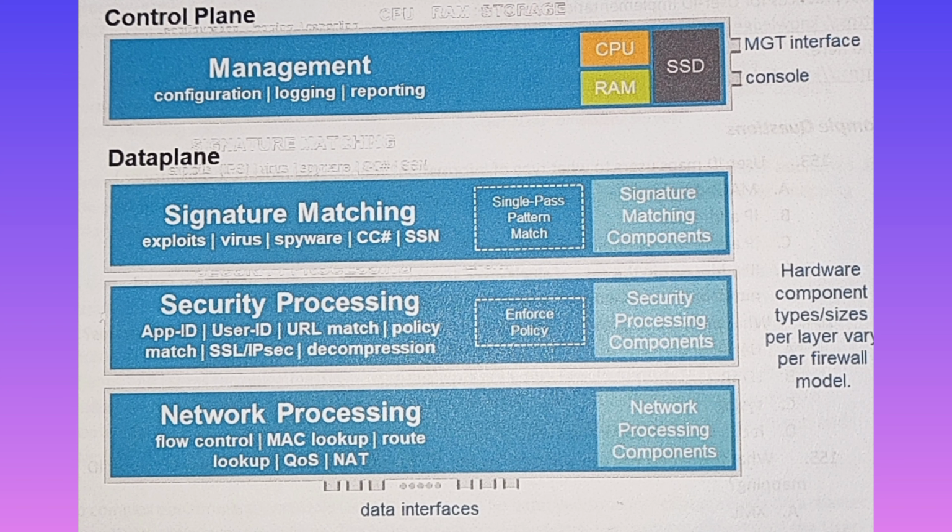The following functions are assigned to the data plane: signature match processor, all Content-ID and App-ID services, security processors, session management, encryption and decryption, compression and decompression, policy enforcement, and the network processor like route, ARP, MAC lookup, QoS, NAT, and flow control.